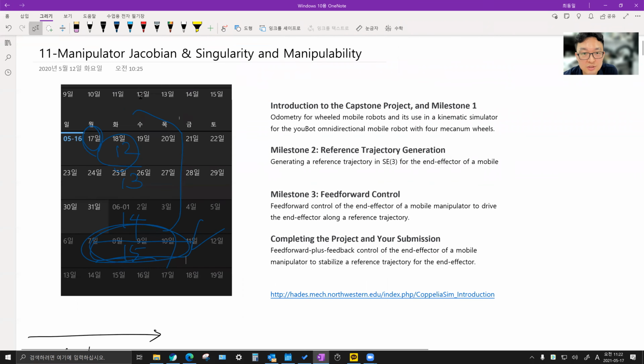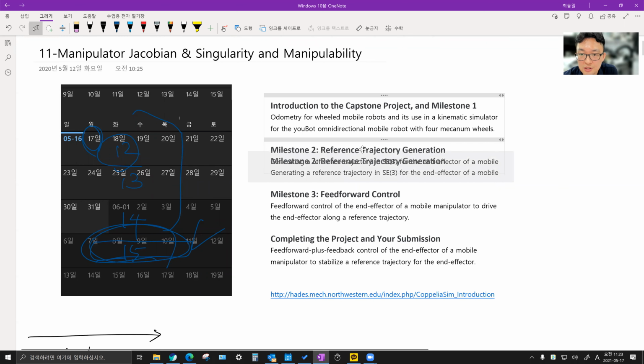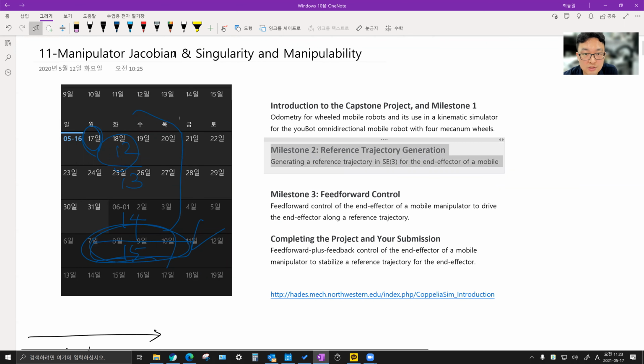These can be calculated by the Jacobian. If you already took the undergraduate modern robotics class, you might know the concept of Jacobian, singularity and manipulability, so I will briefly introduce them and we will focus on the Jacobian.